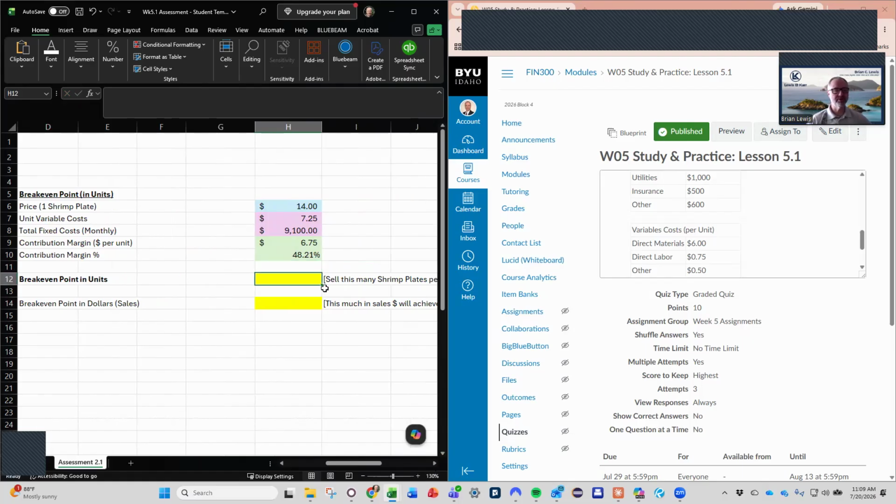Now here are your questions, and I'm not going to fill these out because the rest was easy. The question is, how many units will it take to cover your fixed costs? Generally speaking, you would take your contribution margin and you would divide it into your total fixed cost.